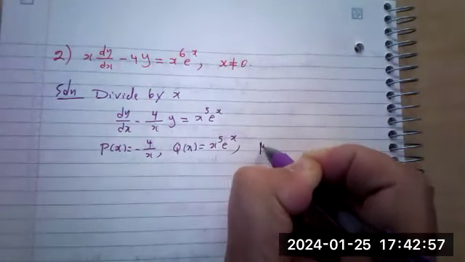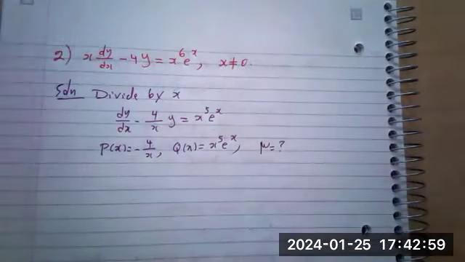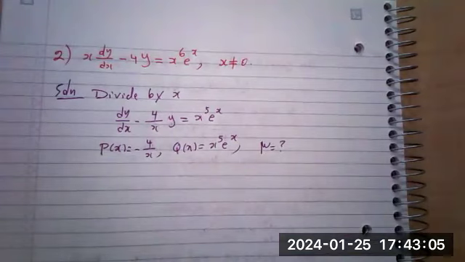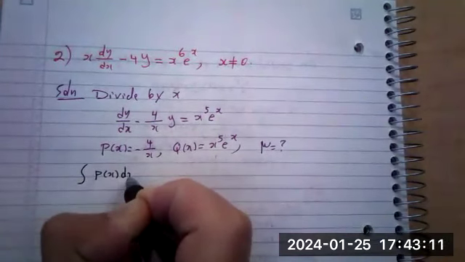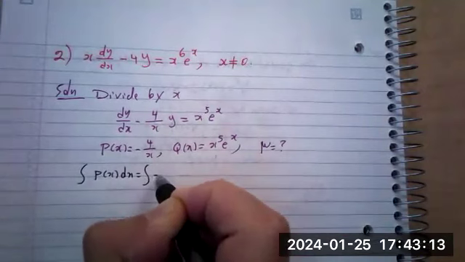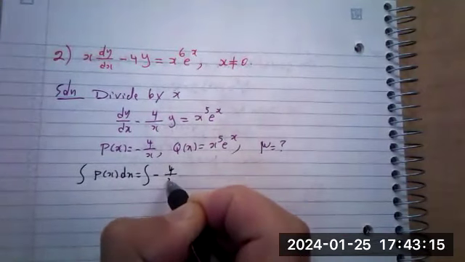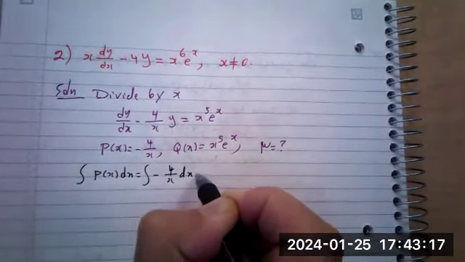So the missing part is mu. To find the mu, you need to find the integral of p(x) dx first. So find the integral of p(x) dx. It's negative 4 over x dx.